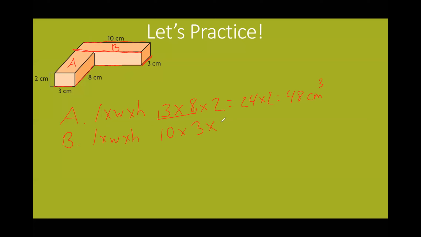And then what's the height? 2. So 30 times 2 is 60. And when we add them together, 108 centimeters cubed. Is that the answer you got? If not, check your work.